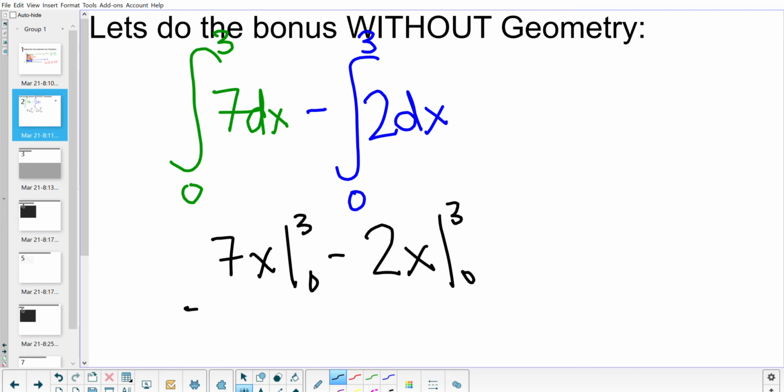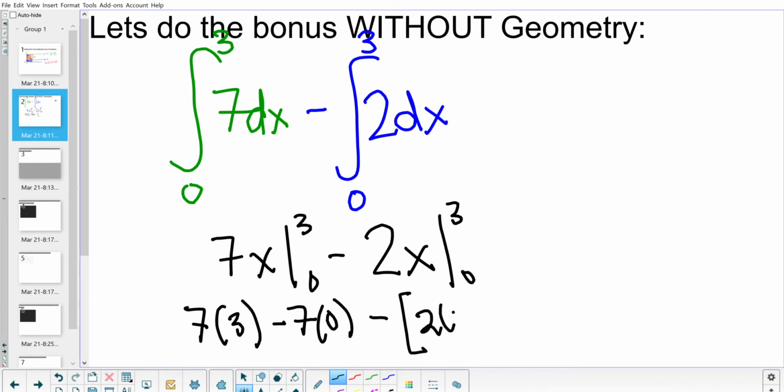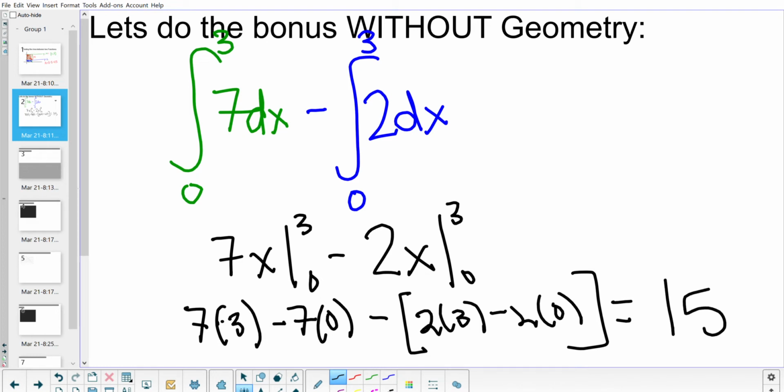So this is technically 7 times 3 minus 7 times 0, minus brackets, 2 times 3 minus 2 times 0. So that ends up being 21 minus 6, because the others are 0, and 21 minus 6 is 15, just like we got on the last slide.